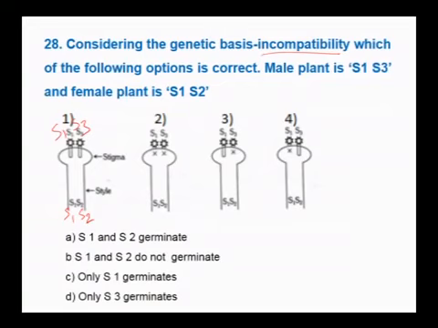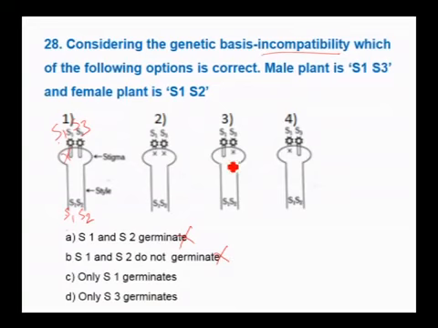So in the first diagram, it is S1, S2. S1 cannot germinate because of incompatibility, S3 can germinate, so S1 and S2 germinating is not possible. In the second case, both are not germinated. See, there is a possibility where S3 can germinate, therefore this is also not possible.